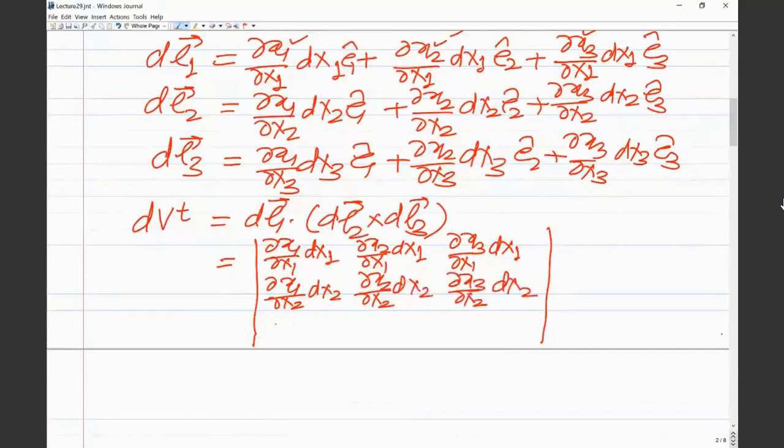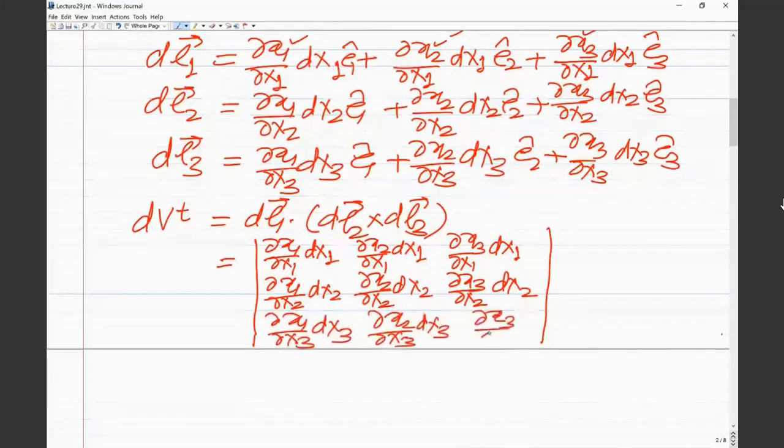And the last row will be the components of the dl3 vector, that is del x1 upon del X3 into dX3, del x2 upon del X3 into dX3, del x3 upon del X3 into dX3. So yeah, this is what you can write.